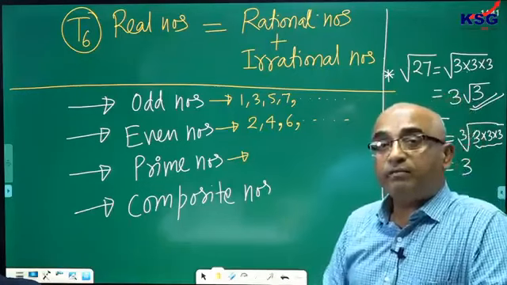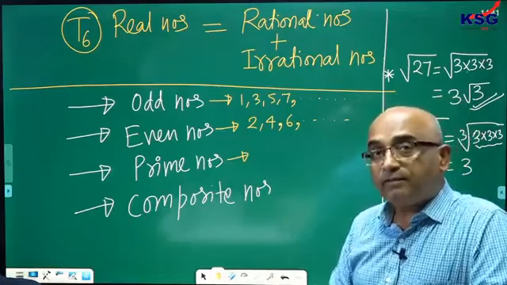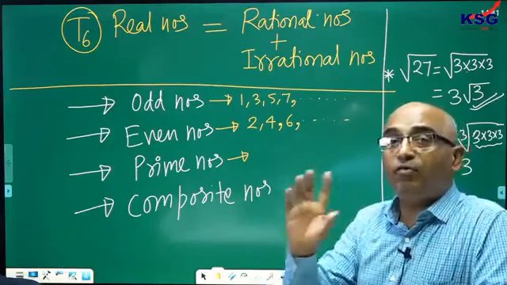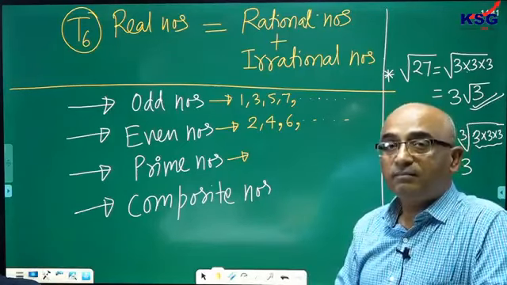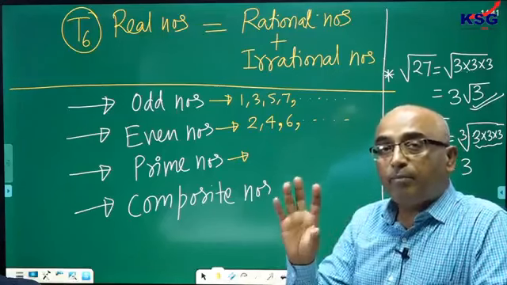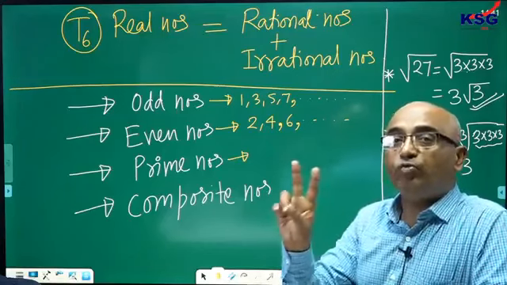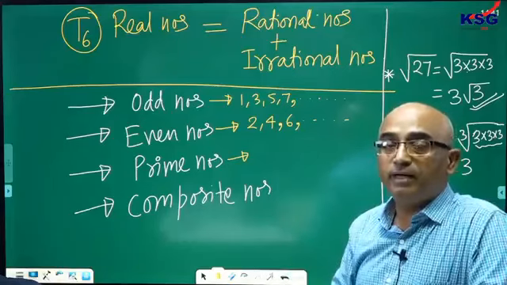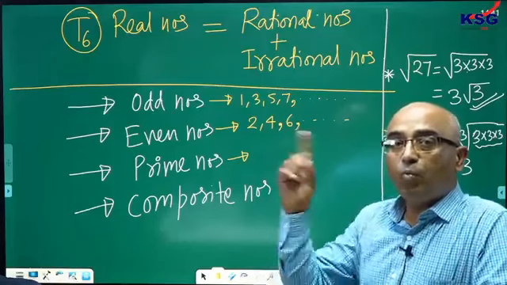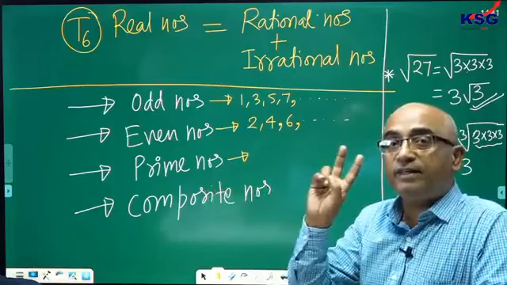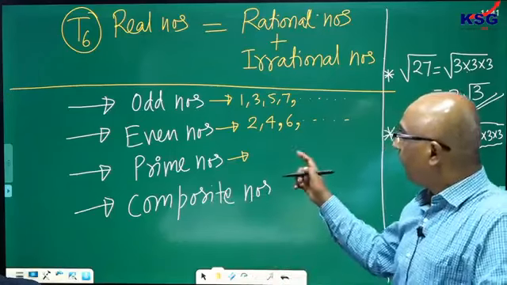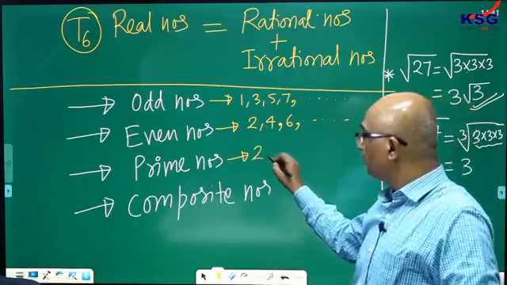Prime numbers means numbers which are divisible by 1 and itself only. It means numbers having exactly two factors, one and itself, are known as prime numbers. The smallest prime number is 2.